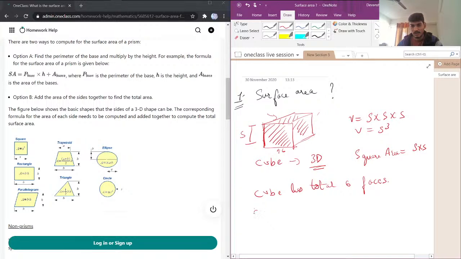So the area of 6 faces will be 6 into the area of one face, which is a square. So the total surface area is 6 times a square for a cube.